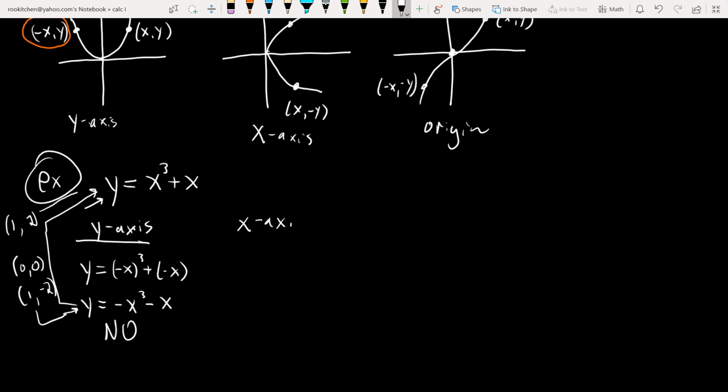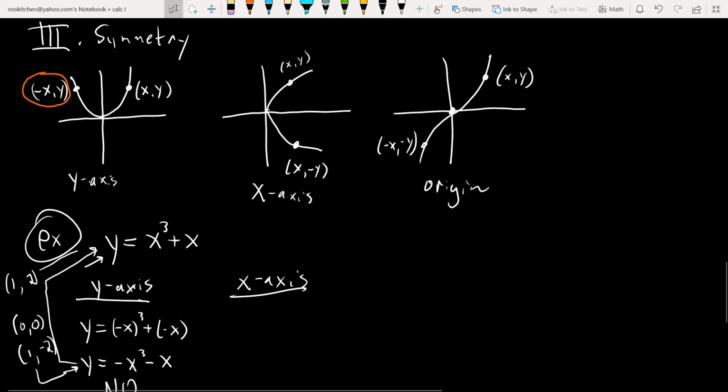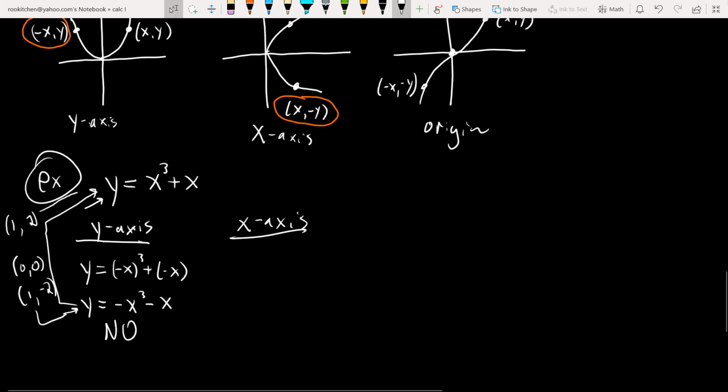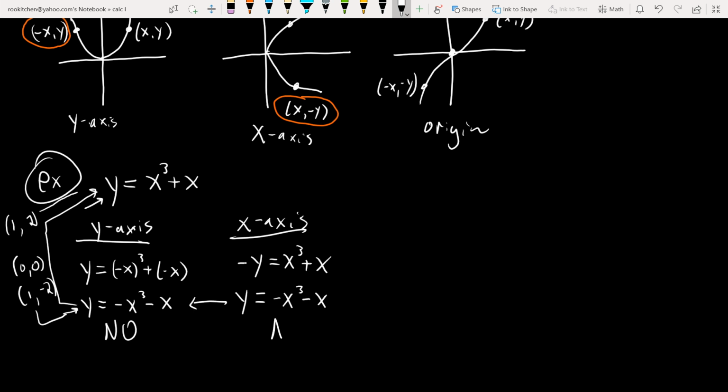What about x-axis symmetry? So in this case, looking at the picture, I'm going to be replacing y with -y. Okay, so I plug -y in for y and see if I get the same equation back. And of course I don't, right? It just turns out to be, if I multiply both sides by -1, the same as what I got in the y-axis case. So no again. And then finally, origin symmetry.